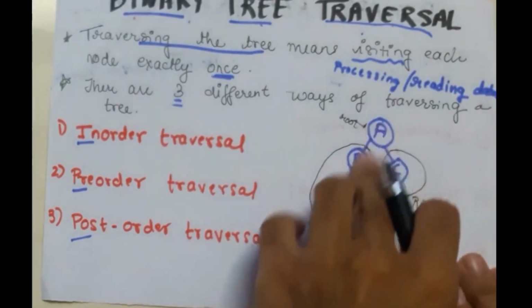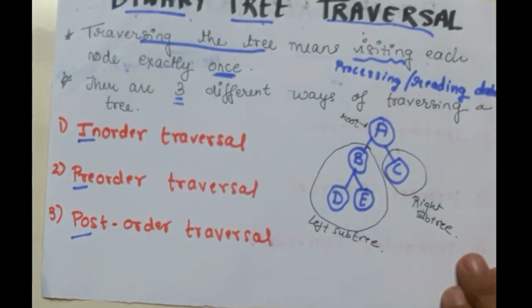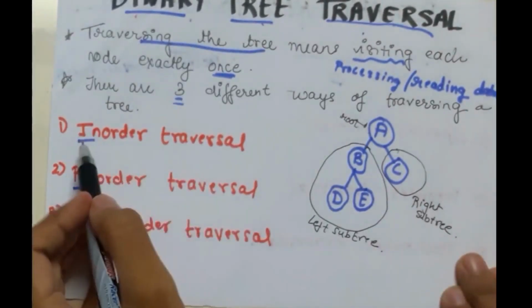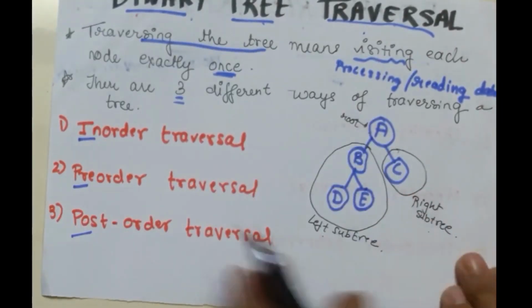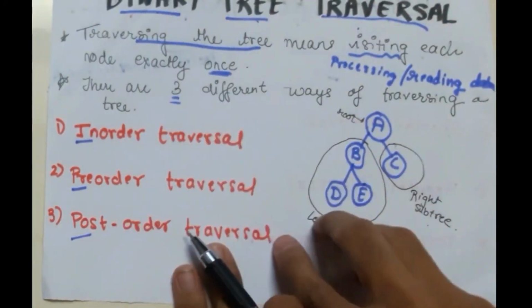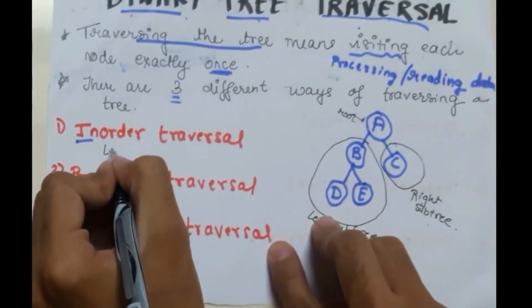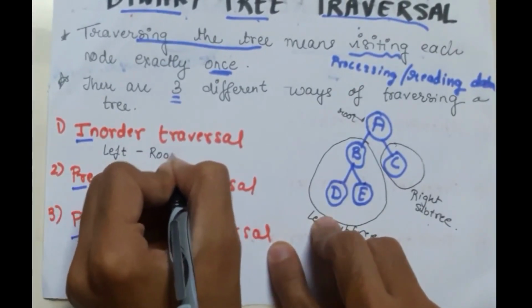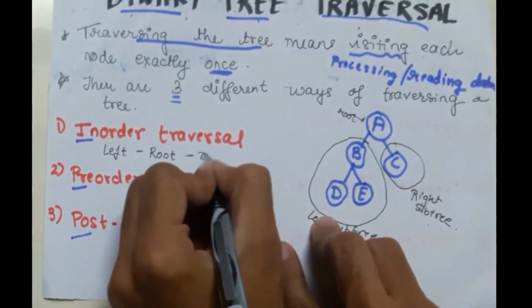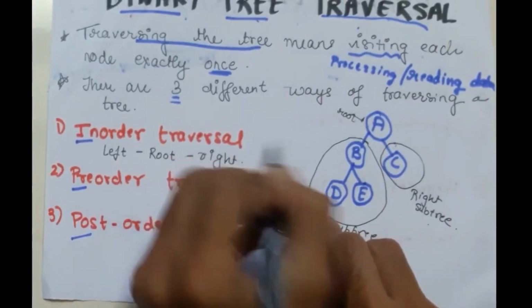Now based on the arrangement of these three parts, there are three different types of traversals. The first one is the inorder traversal. Now what happens in inorder traversal? In means in between. So the root node will be in between left subtree and right subtree, which means in inorder traversal, first we will traverse the left subtree, then the root and then the right subtree.